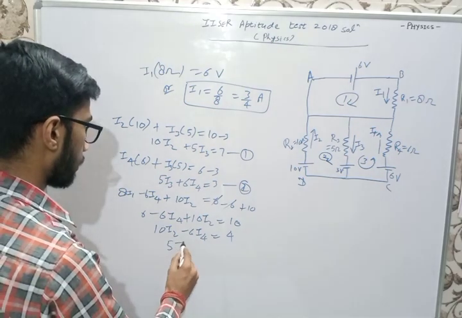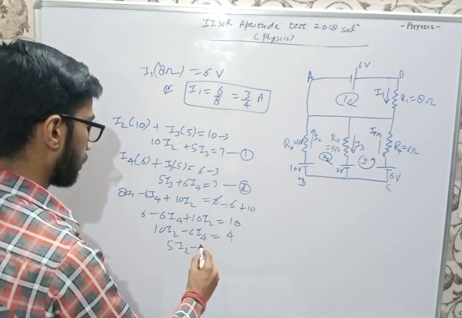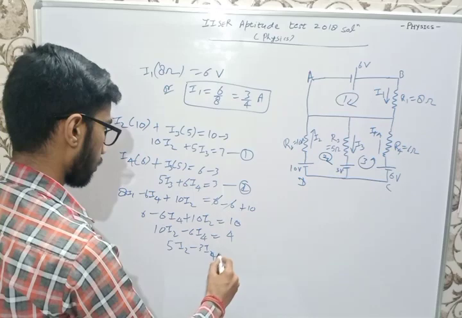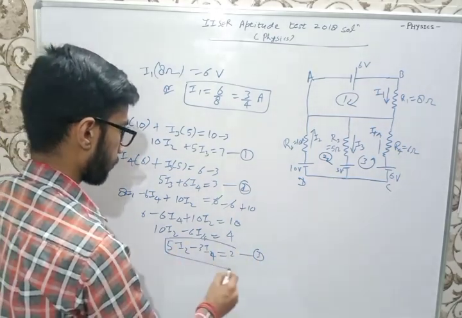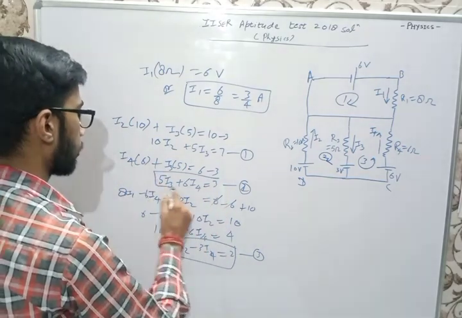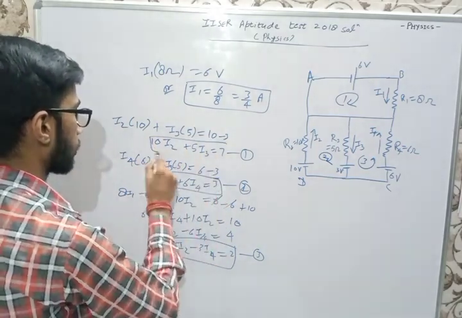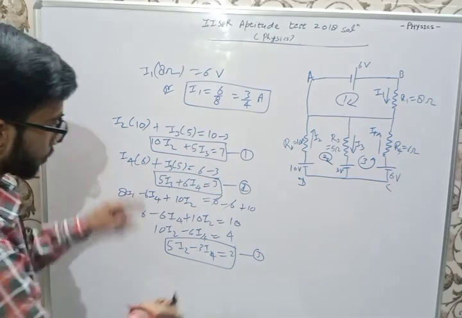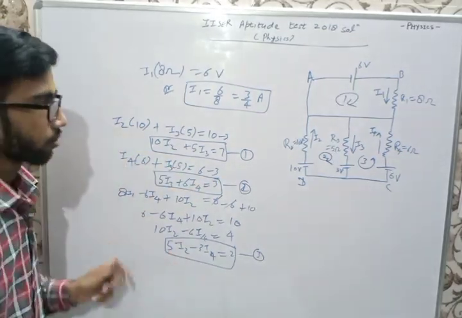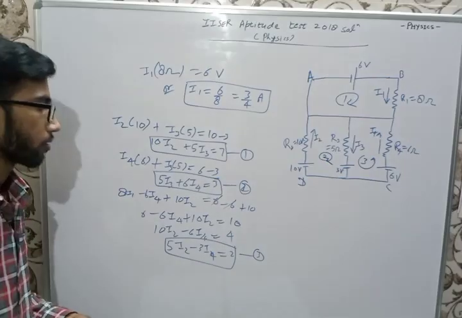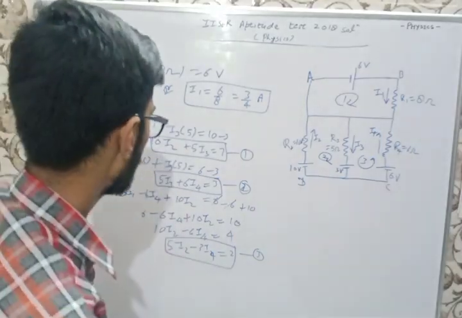So it will be 10 I2 minus 3 I4 equal to 2. Equation 3. So my third equation, second equation, and first equation. I have 3 variables, I2, I3 and I4, and 3 equations, so I can solve them. Just try to solve and find the value of I3.